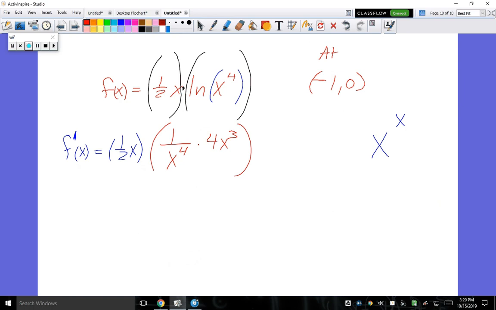We good? So 1 over the stuff times the derivative of the stuff. Plus the second times the derivative of the first. What's the derivative of the first anyway? Just 1/2.